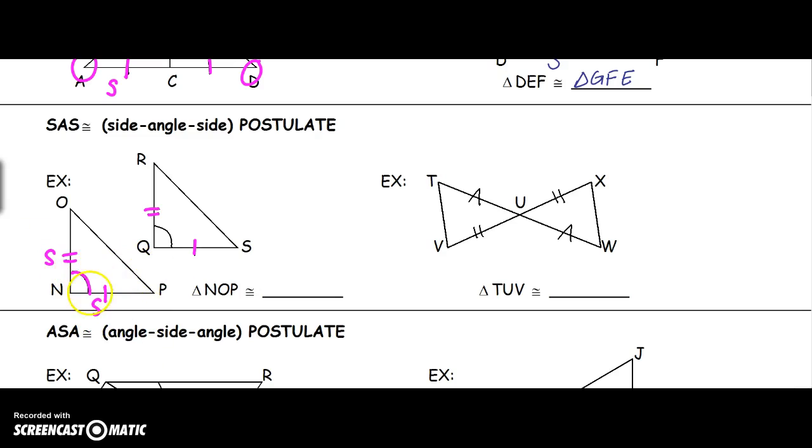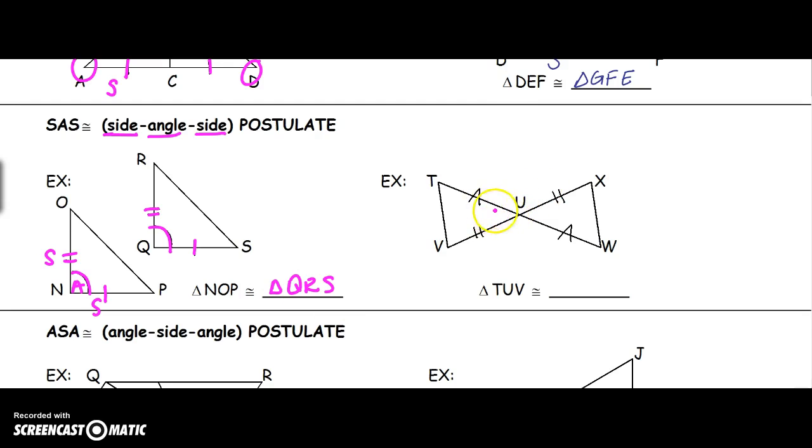But notice how N and Q also have that same marking, so that's an angle that is congruent. So in order to prove triangles congruent, you only need three, and in this case you need a side, angle, and a side. Well, you have a side, an angle, and a side all in a row, therefore they are congruent. So NOP is congruent to QRS.